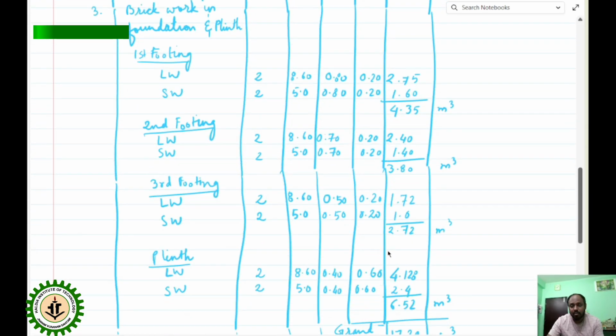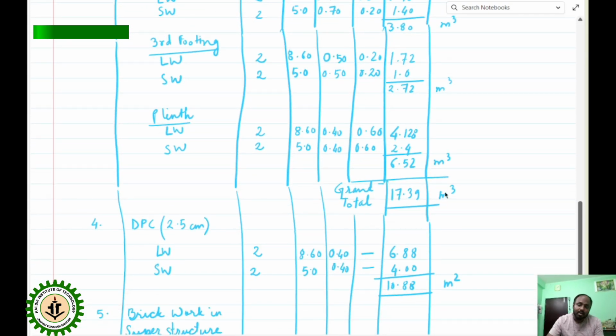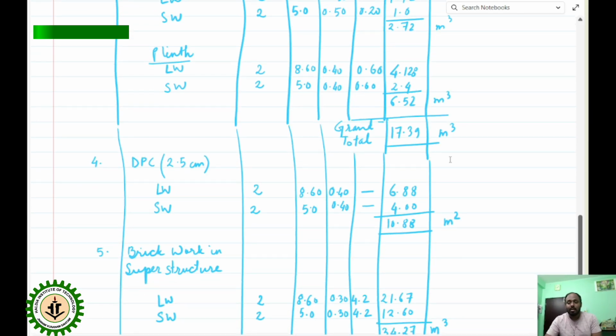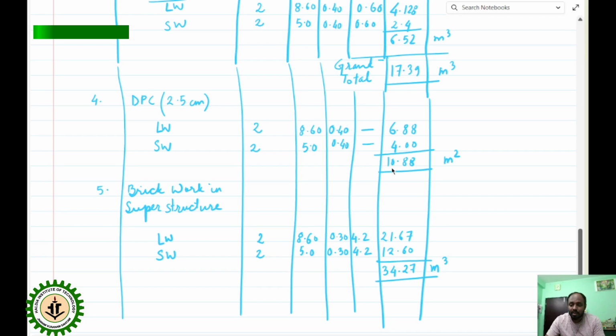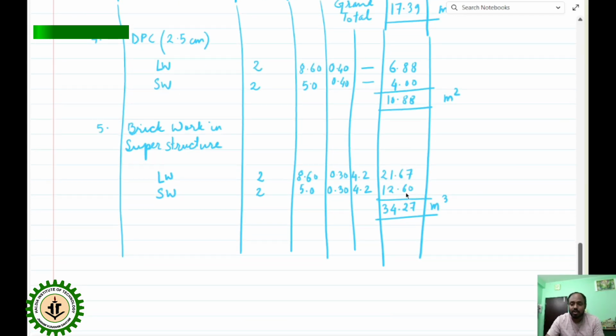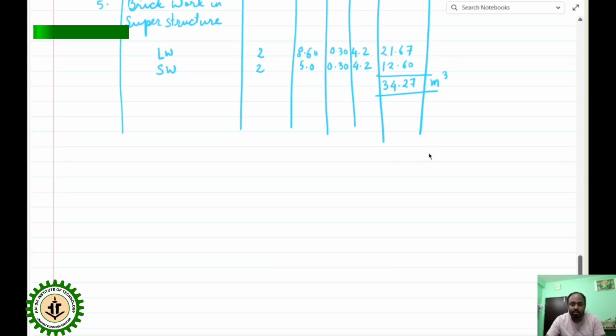For the brickwork, we have calculated the quantity as 17.39 cubic meter. For DPC, we have calculated 10.88 square meter, and for the brickwork in superstructure, we have calculated the quantity as 34.27. So this was it.